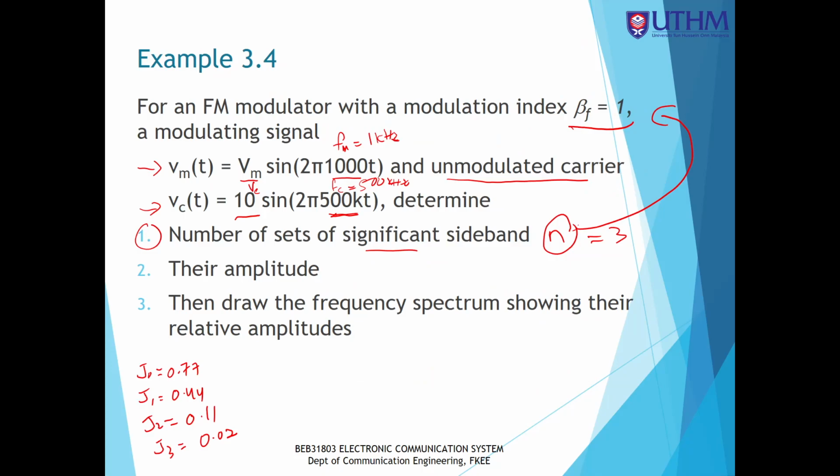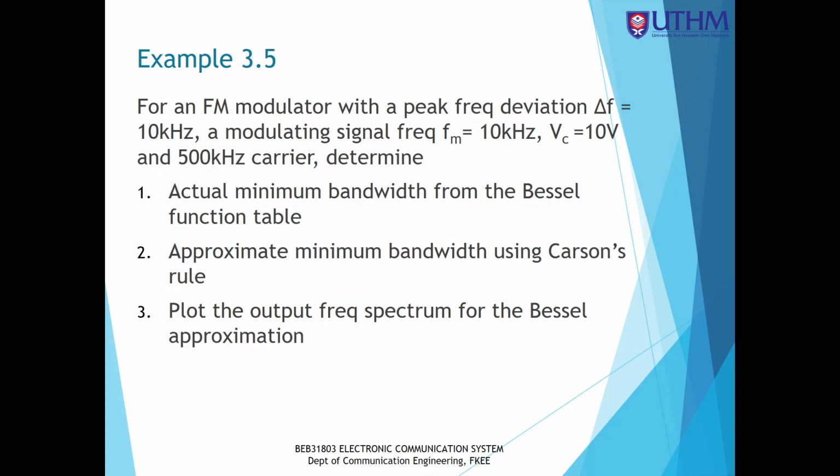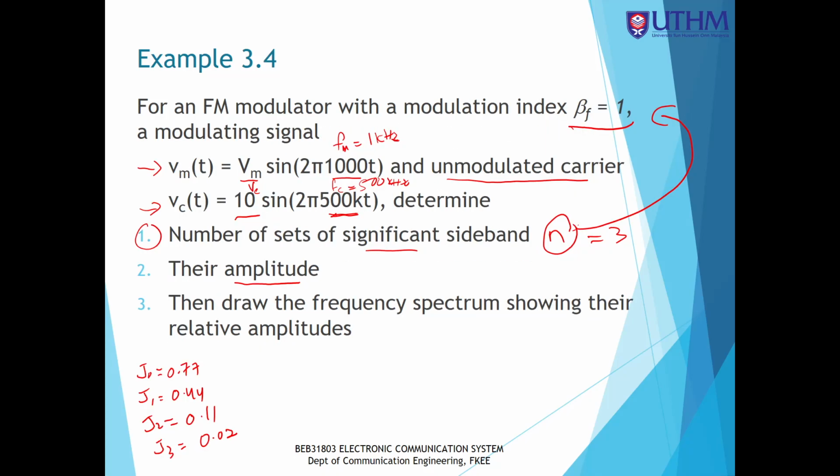So why do I write these values? So that it's easy for us to calculate the amplitudes. Remember, this question is about amplitude. So how can we write the amplitude?